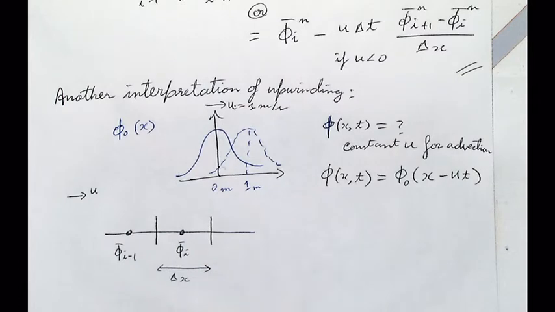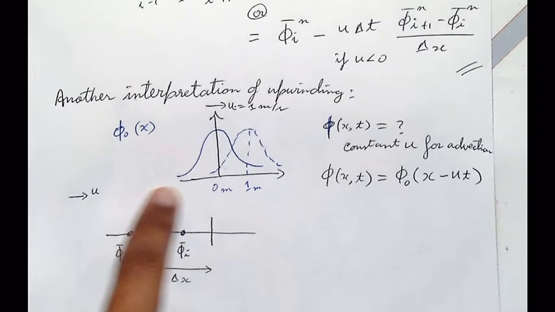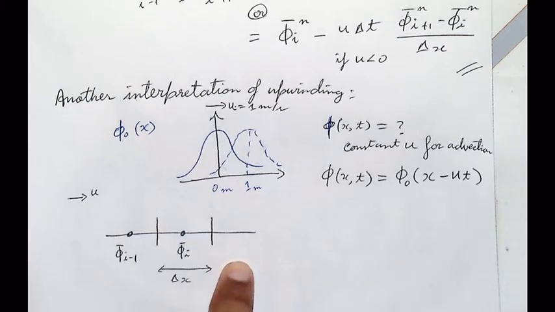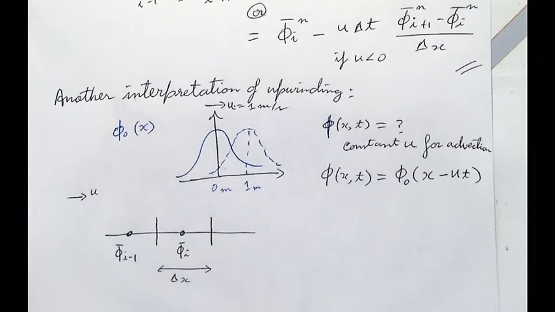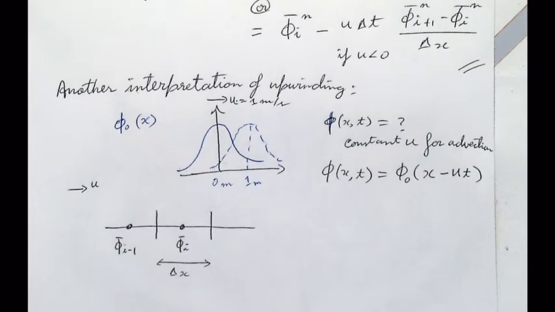So how much stuff should I take from the left cell and advect it to the right cell? If my time step is delta t, how much stuff would move from left to right? u delta t.